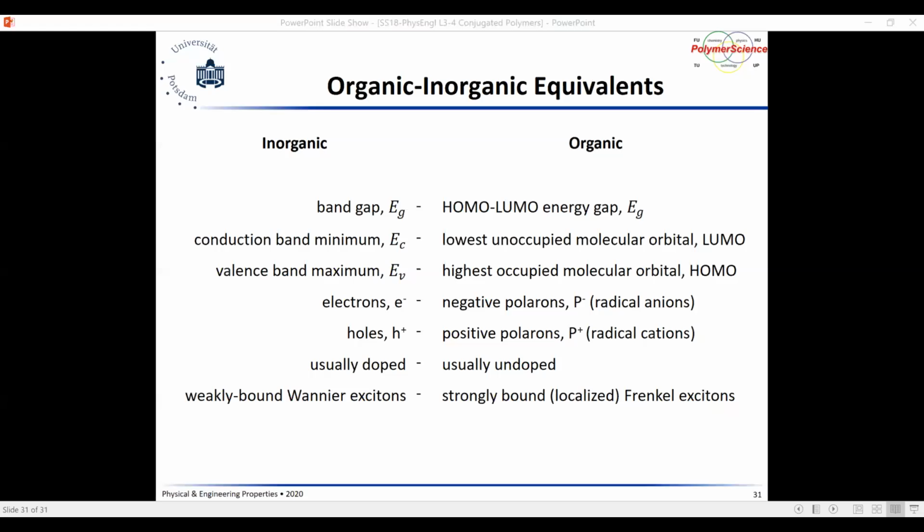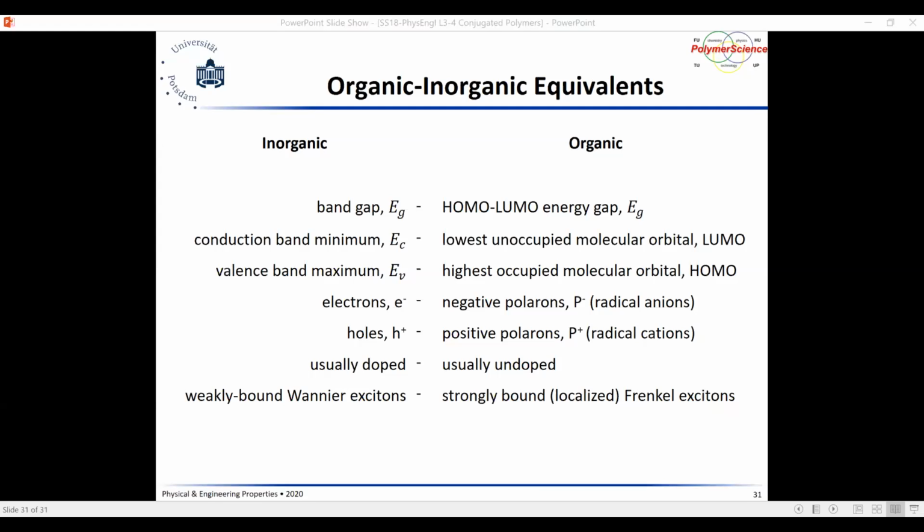Okay, so to recap, let's have a look at the differences between organic and inorganic terminologies and nomenclature that is used. In classical semiconductors or inorganics, we often refer to band gap, which defines the gap between conduction and valence band.